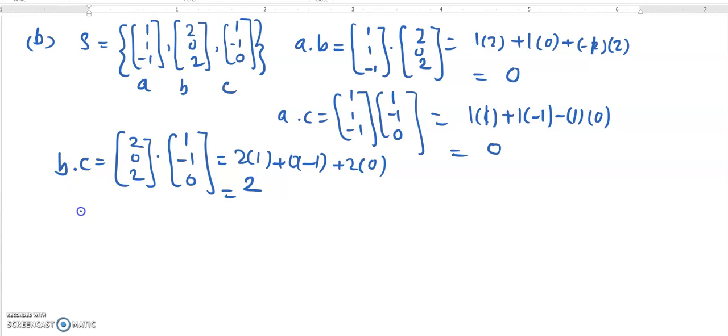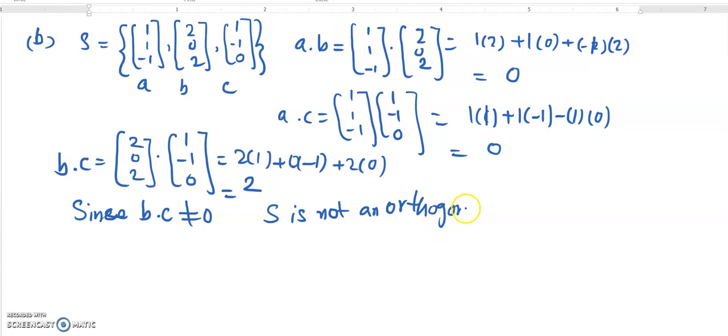So in this case, since B dot C is not equal to 0, set S is not an orthogonal set.